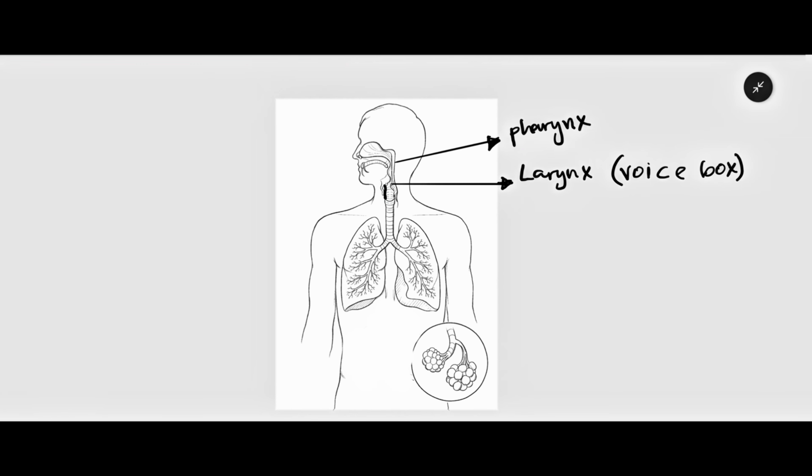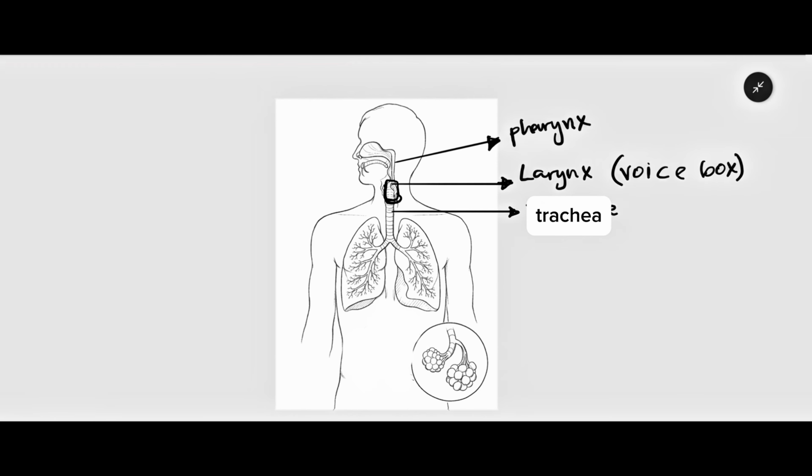So this is the pharynx right here, made up of a bunch of little structures. And now we go down to the trachea. This is the trachea, which is your windpipe. It's a strong airway that carries air down towards the lungs. The trachea is designed to always stay open.